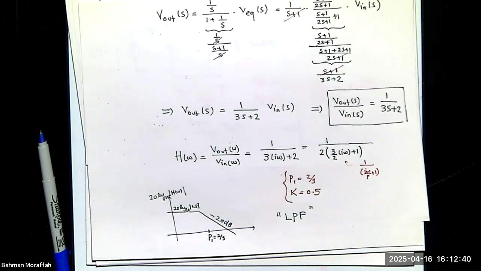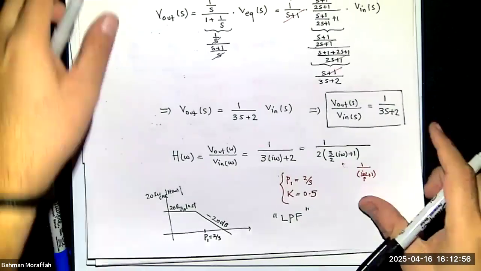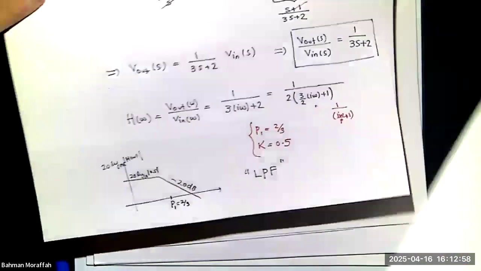I have to look at this transfer function when omega is small, and that magnitude must be around 1. And if I look at higher frequency, the magnitude must be around 0. So let's check it that way so we get some practice as well.